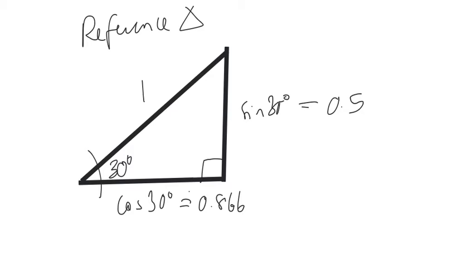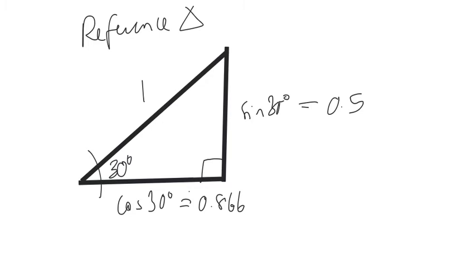But really, the cosine is a ratio, and it's a ratio of the adjacent side length divided by the hypotenuse. And I'll make more mention of this in another one.